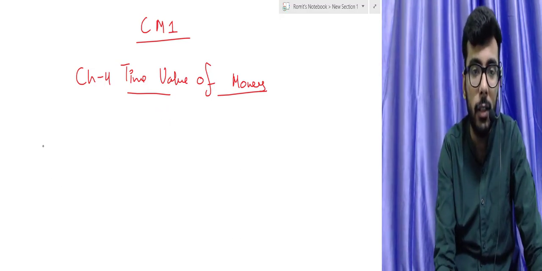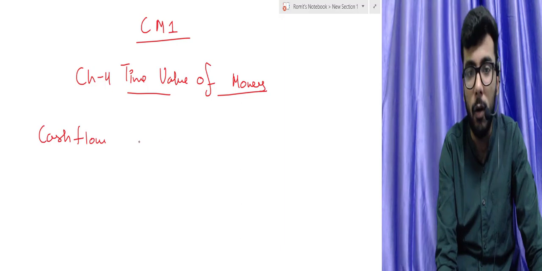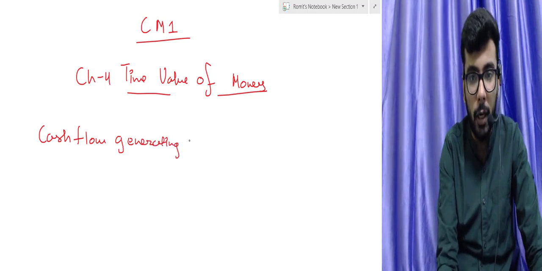But before that I just want to discuss cash flow based products with you. That is the entire theme of this subject CM1: what are cash flow generating products, or what are cash flow generating contracts.